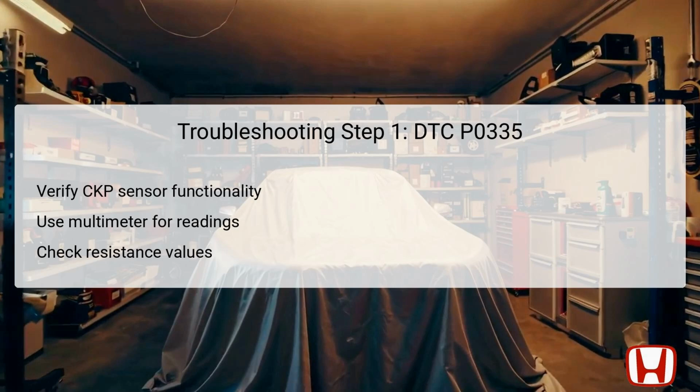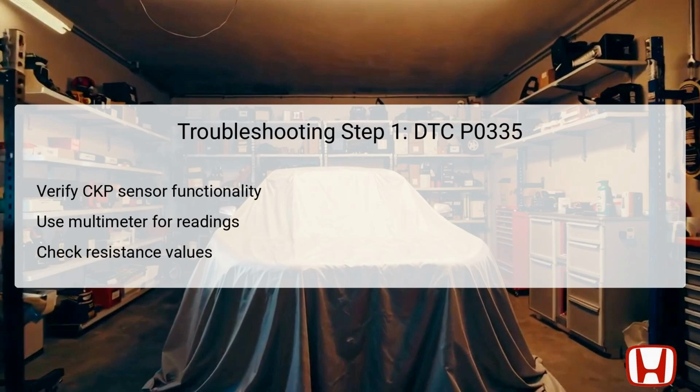Typically, if the resistance readings fall outside specified values, it indicates a faulty CKP sensor that needs replacement. Additionally, it is vital to ensure that the sensor connections are secure and free of corrosion.